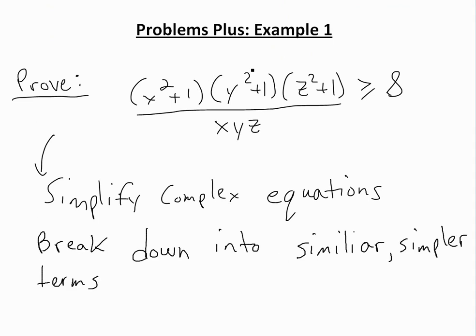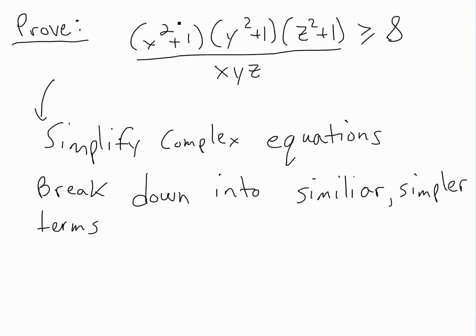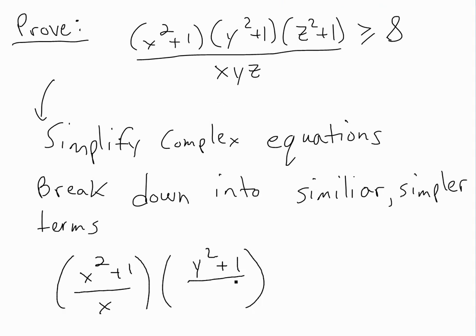Although it looks complex, if you rewrite it so that the x is inside one little bracket, we'll have (x squared plus 1) over x. If you just rewrite it like this, it's easier to understand and grasp. So it'll be (z squared plus 1) over z greater than or equal to 8.